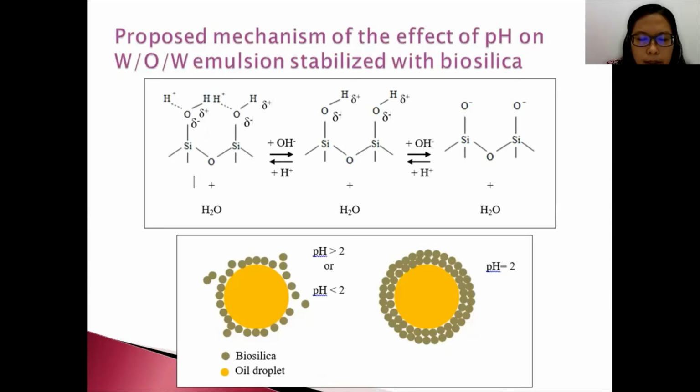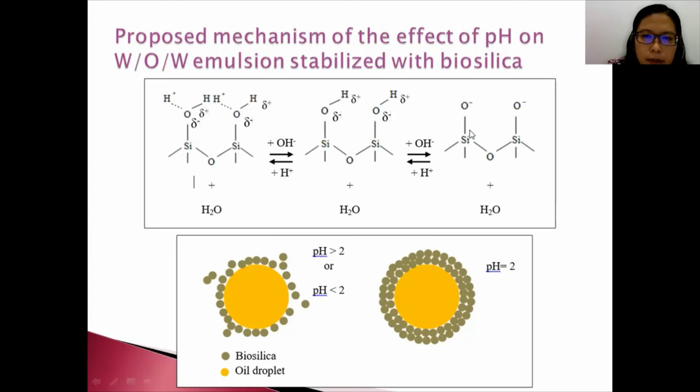So here is the possible explanation of the mechanism on how the emulsion is quite stable at pH 2 compared to pH higher than 2. When the pH is increased, the silanol on the surface of the silica will be negatively charged.